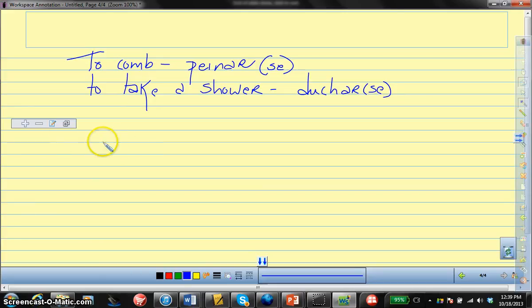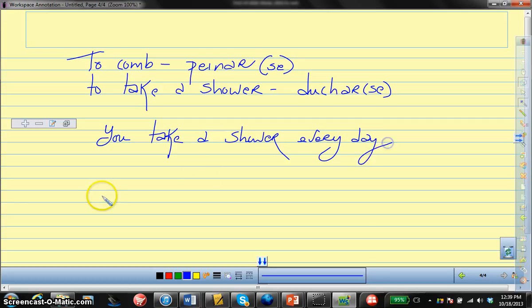So, how about this? You take a shower every day. How will it be? The subject is tú, right? Yeah. Tú, what is the reflexive pronoun? Very good. Te, and then you conjugate the verb as normal, right? Tú te duchas todos los días.